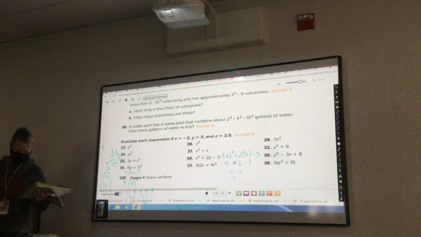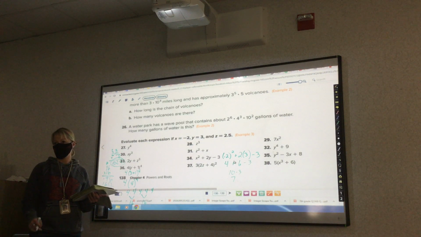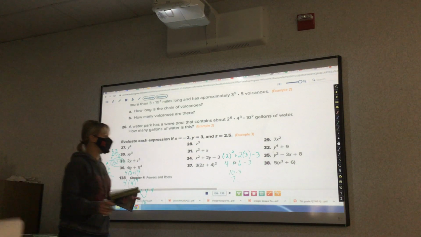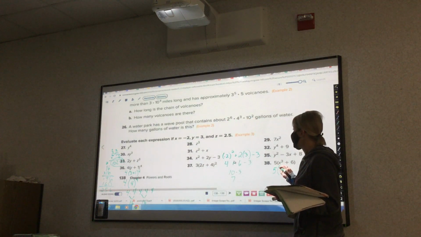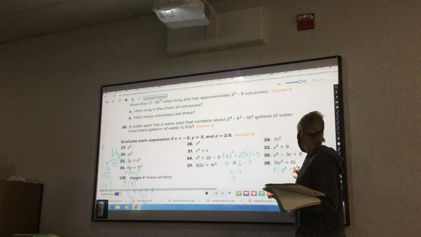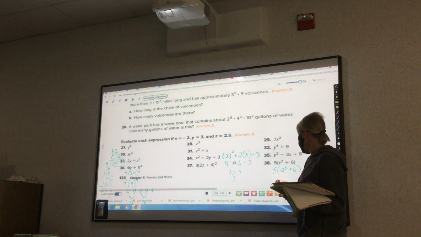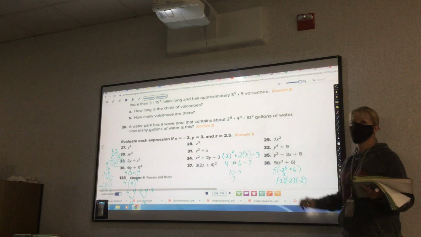And the last one, 38, you should have gotten a negative 10. Yep. Okay, so I have somebody that has their hand up, so let's just pay attention here and make sure. X cubed, x is a negative 2 cubed plus 6. So that's like saying a negative 2 times a negative 2 times a negative 2. Do you understand that that is this?